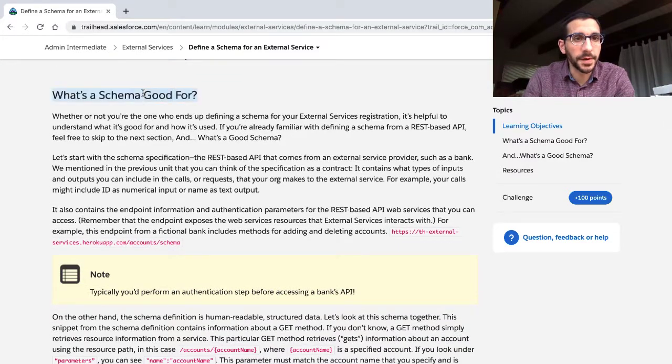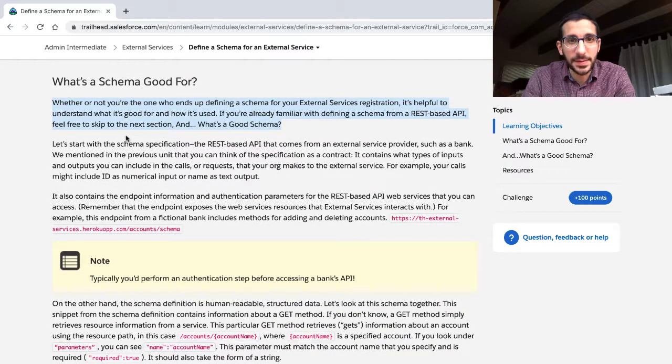What's a schema good for? What's a schema? Whether or not you're the one who ends up defining a schema for your external services registration, it's helpful to understand what it's good for and how it's used. Okay, I feel like that could be rewritten.